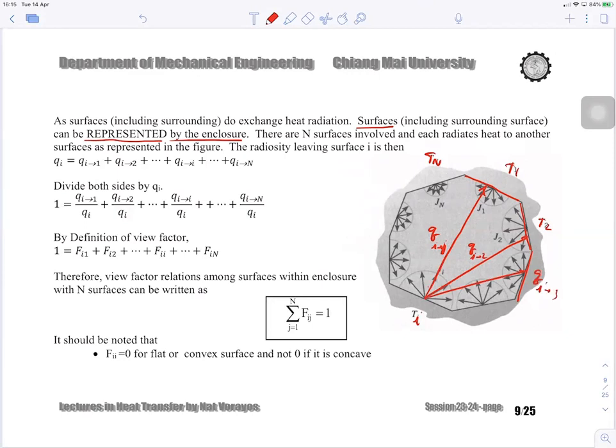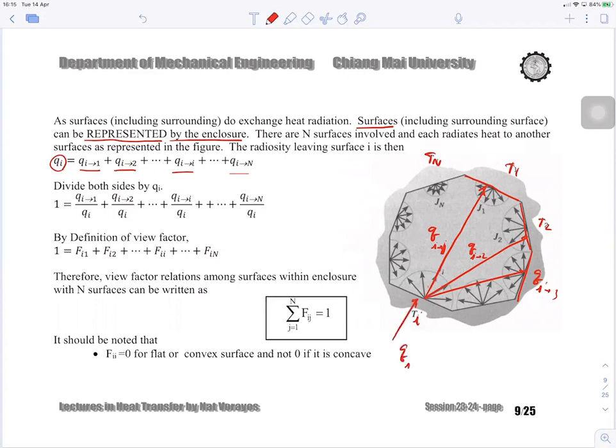So if we sum it up, Q from surface i to 1, Qi to 2, including Q from surface i to i, and also surface i to N. If we sum all the heat up, we call the summation of Q as Qi, meaning it's going to be the Qi supplying the heat.